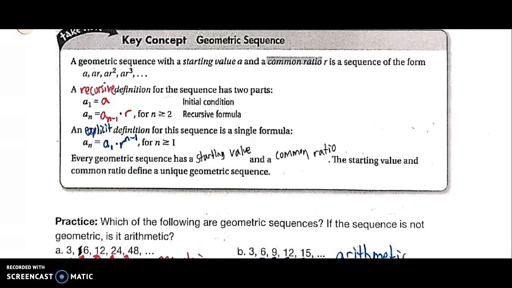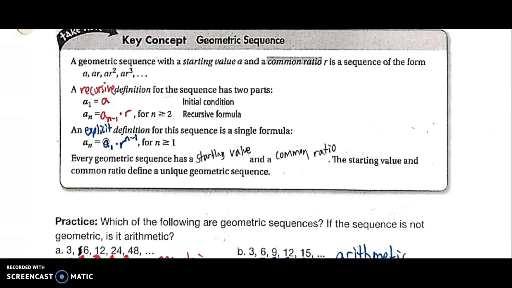Besides a recursive definition, we can also have an explicit definition, and that's always just going to be a single formula. We still have the same two pieces. We still have a starting value and a common ratio, but this time we put them both into the same equation. So in this case, a sub n is equal to that first term, a sub 1, times r raised to the n minus 1 power.